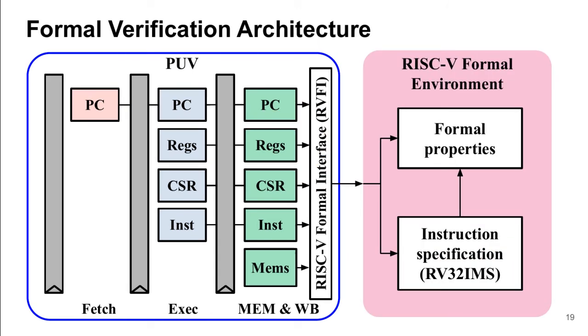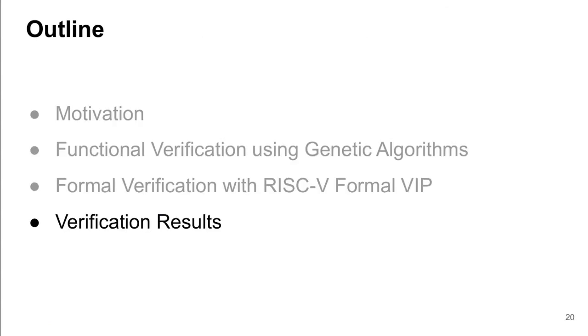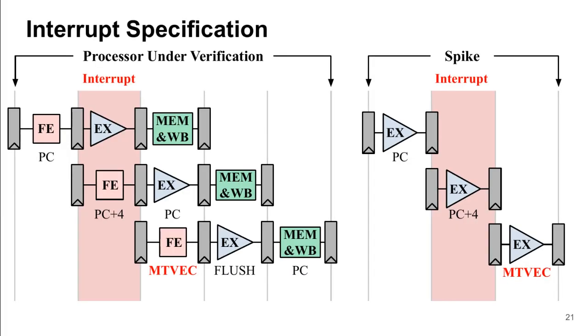From here, each one of the formal properties defined in the RISC-V Formal IP is tested against the POV results carried by this interface. Each one of the formal IPs is specified according to the ISA specification, given in constraints and clauses forms. Now we will present our findings using the combination of these approaches.